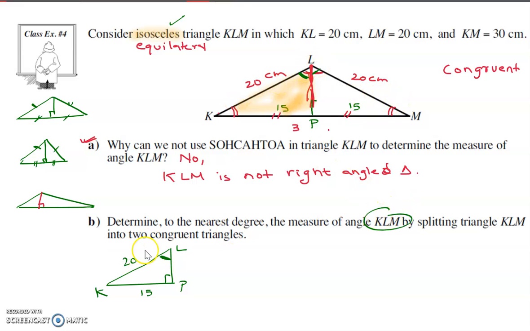In this triangle, this is my hypotenuse, this is my opposite, this is my adjacent. So I'm going to use the sine of this angle, which is opposite over hypotenuse, and then do the anti-sine to find my angle there.